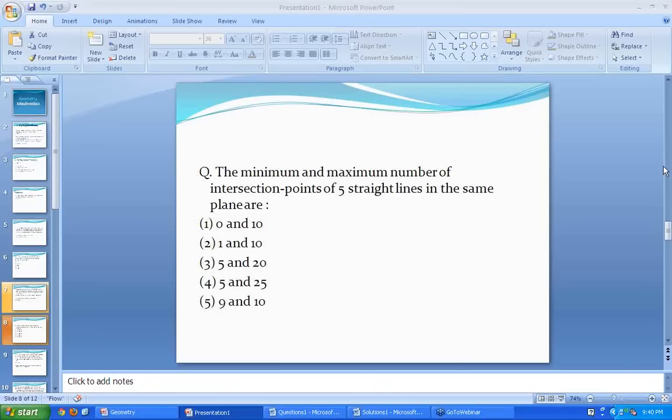Try at your end. If you are not able to solve it, I will tell you in the next class. But you should give it a try. At least it will rack your brain. And this is for all others: try drawing 5 lines which intersect at different points such that you get 10 intersection points.